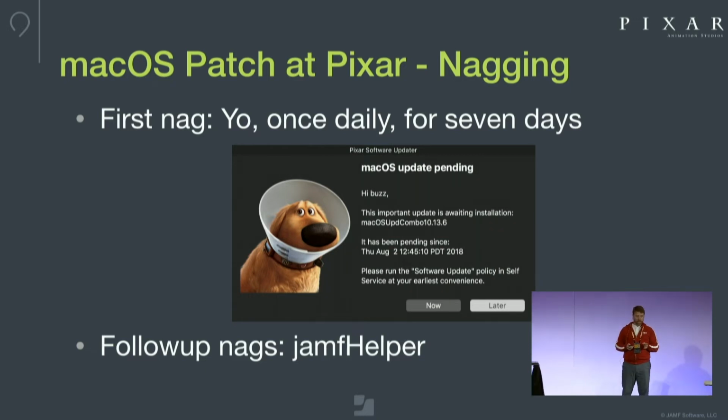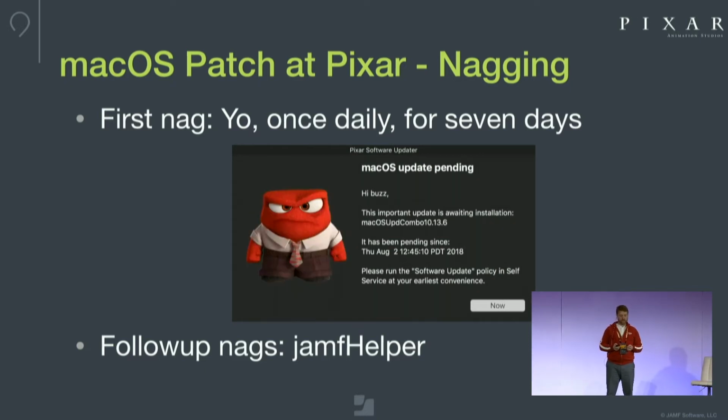So that's pretty good, but we still have people that don't do it. So we get a little angry and get some attention that way. You may notice the thing that changed there too is that there's no longer a later button. You cannot exit this dialog without saying now. And we're not at the point yet where that would actually install the update.